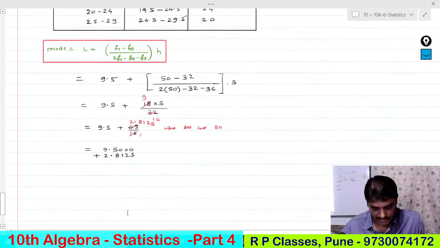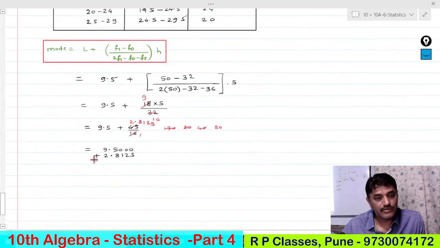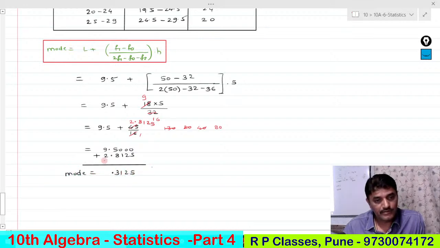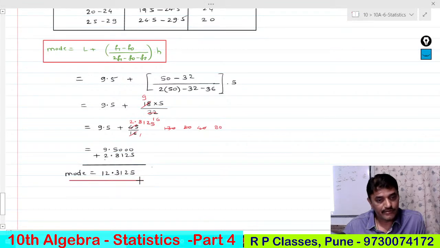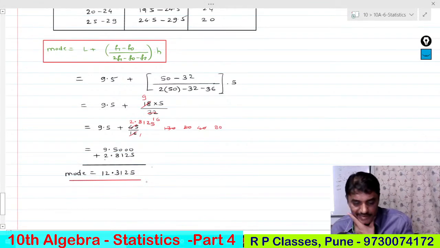So what you get there? This will give me, mode is equal to 12.3125. 12.3125. Is this okay? That's the answer.